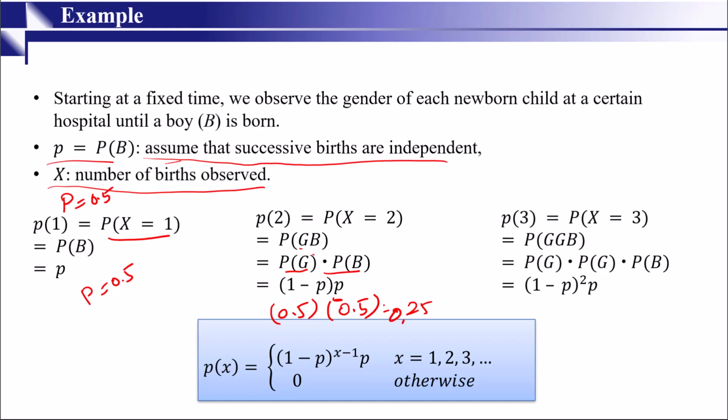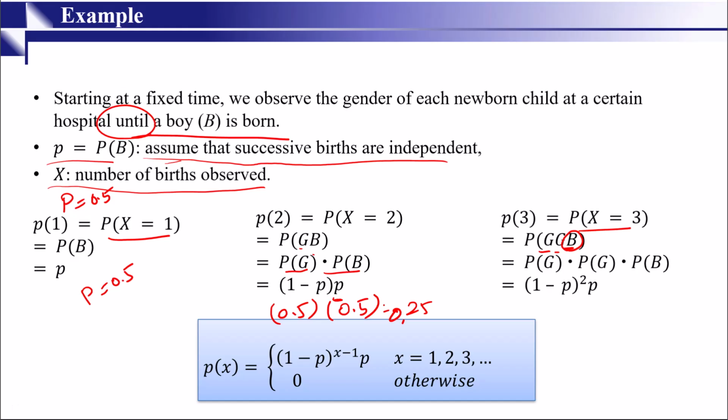And the same for X equal to 3, we go for this one, right? P(X=3) is girl, girl, boy, because we are waiting until we get a boy, right? It means whenever we reach a boy we stop. So when X is 2, it means the first one was not a boy.